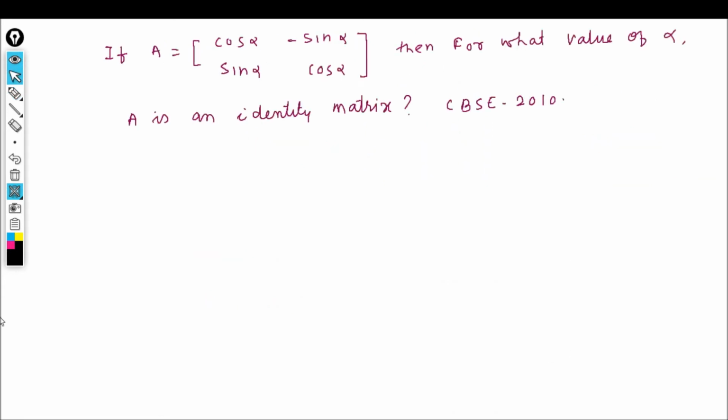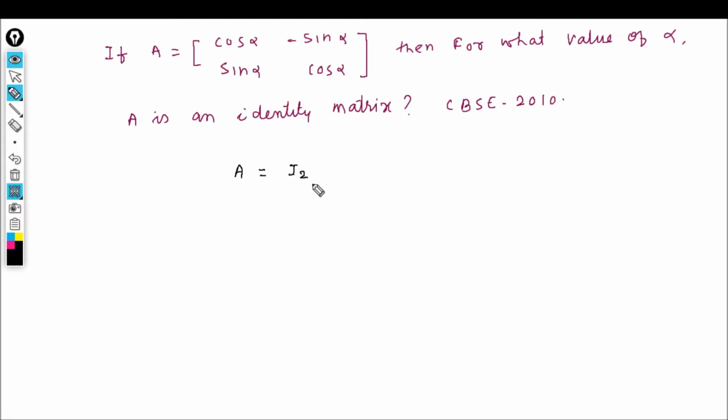So let us see one more important question, bachcho. If A is equal to cos alpha, minus sin alpha, cos alpha is a matrix, then for what value of alpha A is an identity matrix? We have to calculate value of alpha. So A is identity matrix if and only if A is equal to I2.